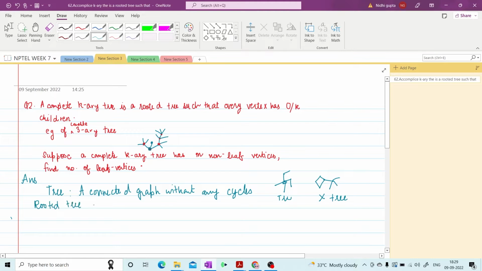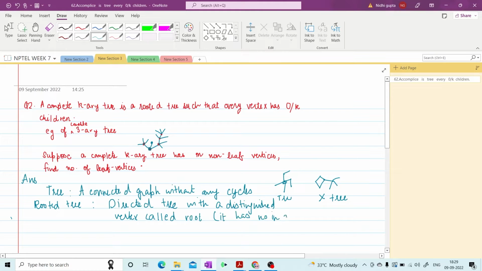A rooted tree is a directed tree with a distinguished vertex, which we call the root. And what speciality does that vertex have? It has no in degree.